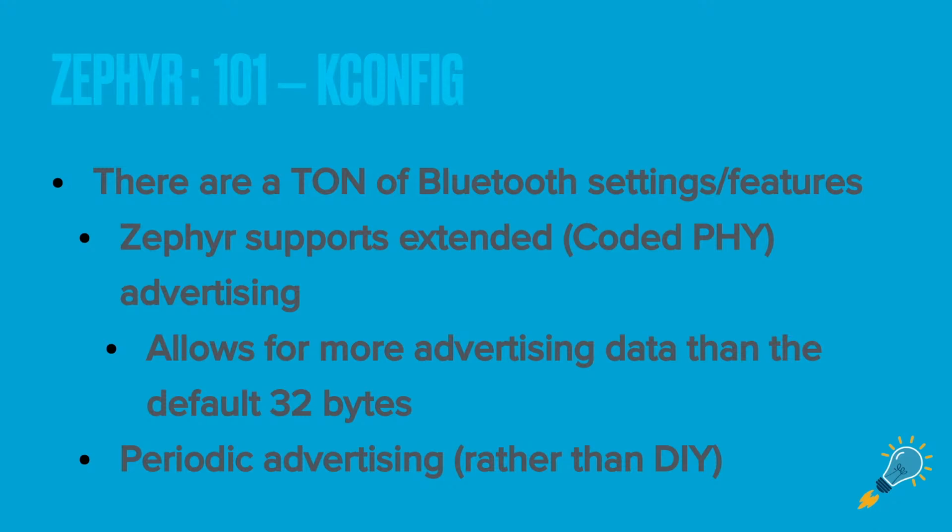Some of it, for instance, if you have a Nordic chip, you're going to be using NCS, which has some added functionality for Bluetooth, or you're going to have to use the NCS version of Zephyr because you're using a processor like the nRF53, which has two cores, where one is running the Bluetooth functionality. All I have to say is it can get confusing, and there's a lot there.